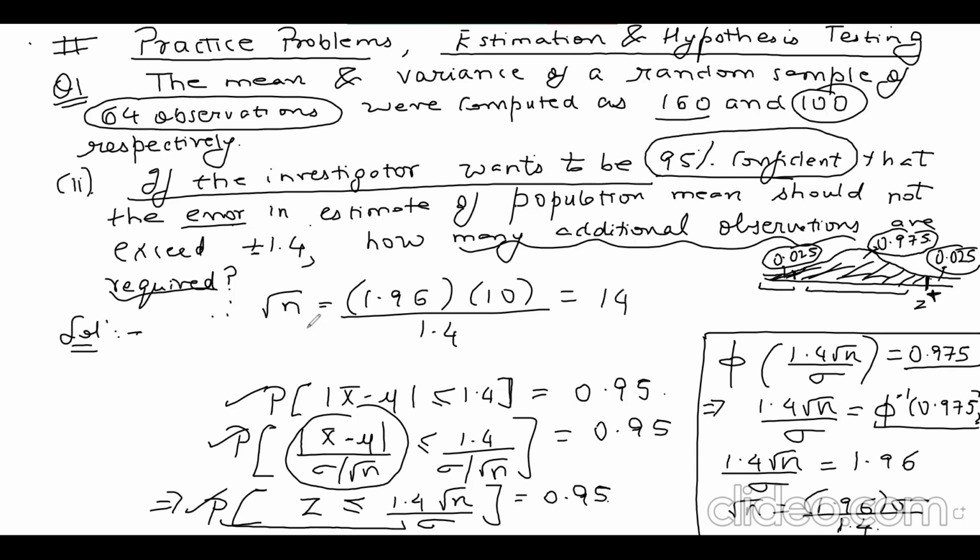So square root of n is 14, which implies n is 14 squared, which is 196. This is my new sample size. What was my initial sample size? 64. The new sample size required for the investigator to be 95% confident about the sampling error is 196.